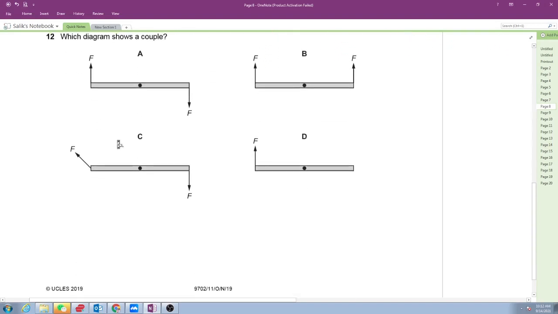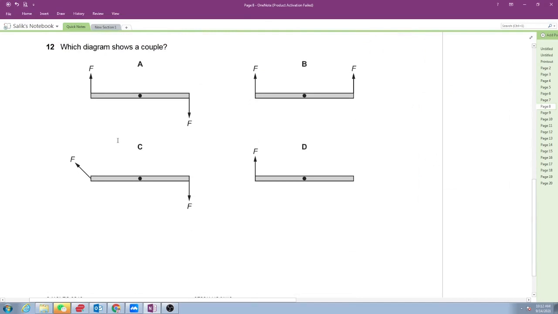Now the next question is, which diagram shows a couple? A couple has three conditions. The first condition is that the forces should be equal in magnitude.